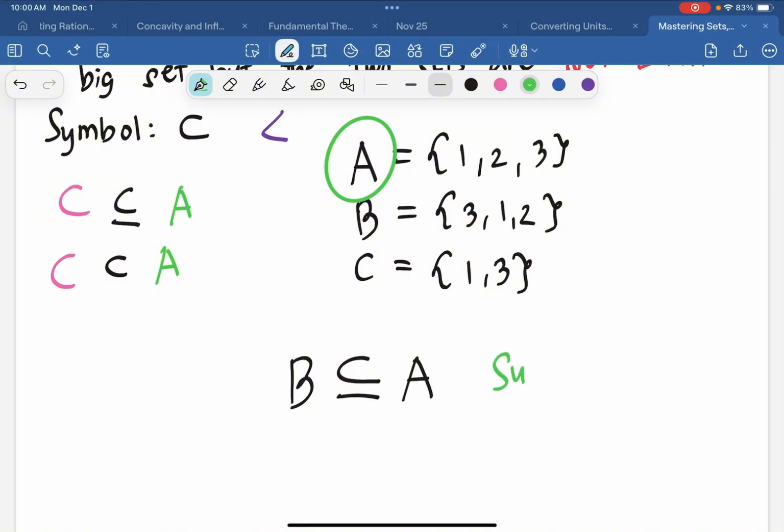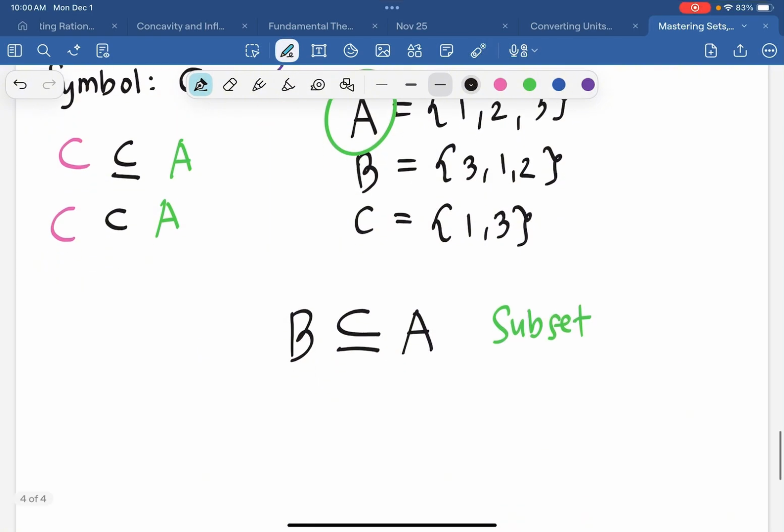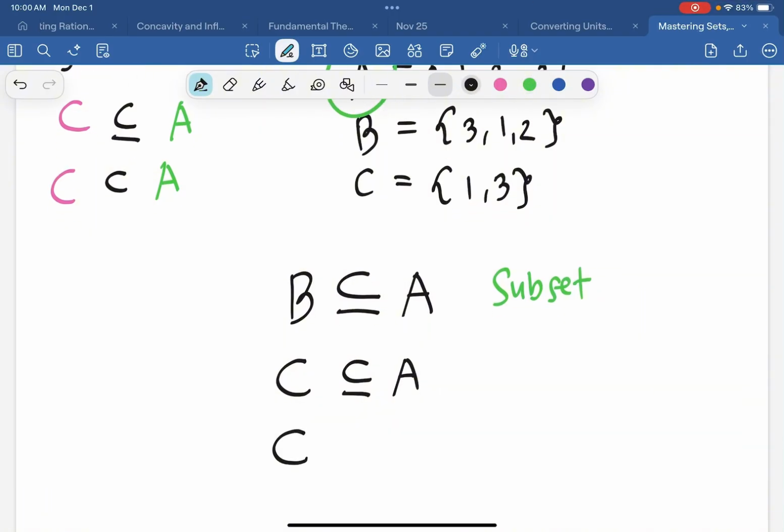Here, this is a subset. Whereas for C, it has two types. C could be a subset of A, because again, remember that this one here is less than.